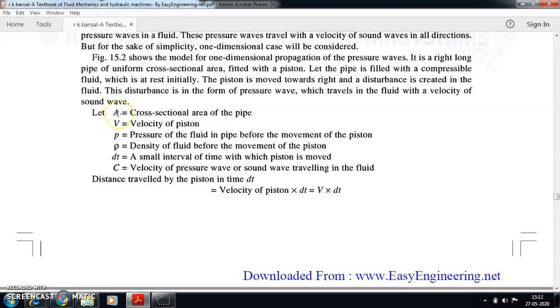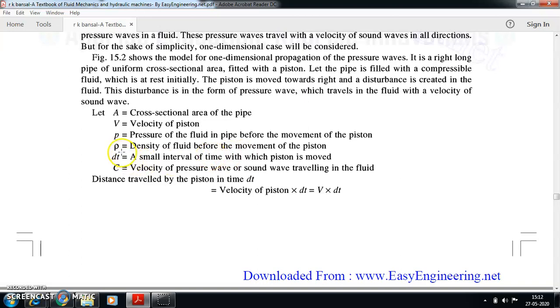A is the cross-sectional area of the pipe, V is the velocity of the piston, P is the pressure of the fluid in the pipe. Before the movement of the piston, the pressure is P. Rho is the density of the fluid before the movement of the piston. Why this is very important is, once the piston moves and the pressure waves are created, the pressure is going to change by some amount, and the density will also change, because the fluid that we are using is a compressible fluid.